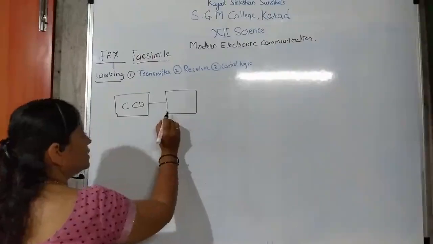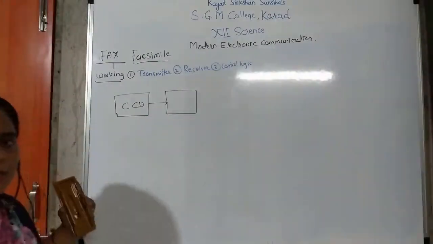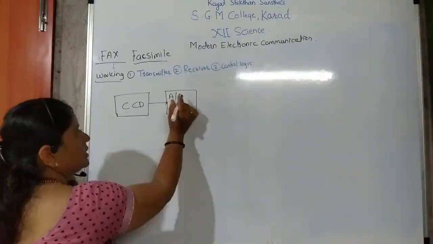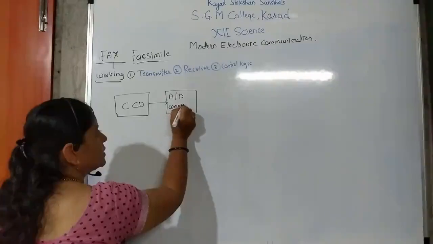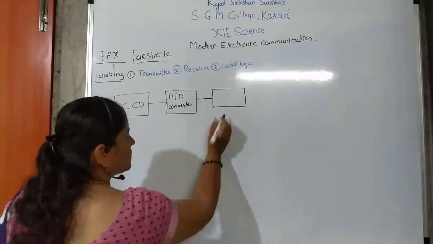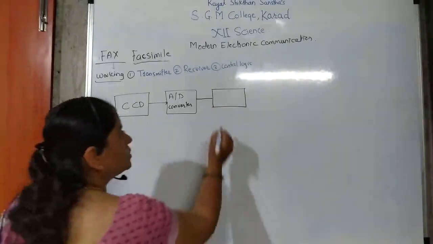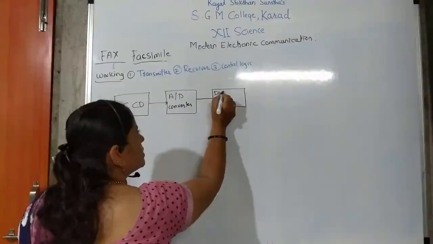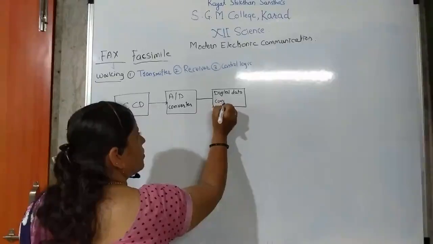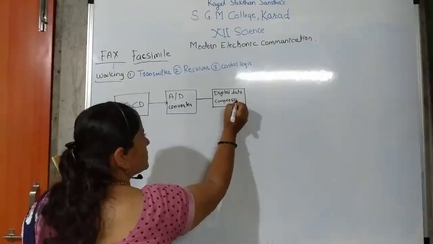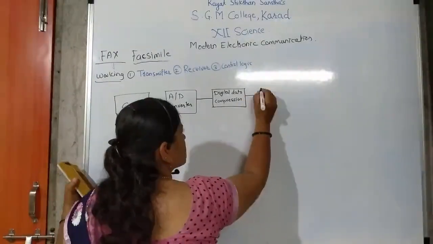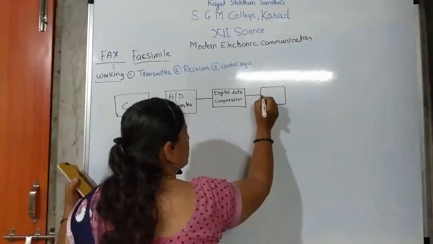This charge coupled device is connected to the A to D converter, that is analog to digital converter, and that is connected to digital data compression, and this is connected to the modulator.